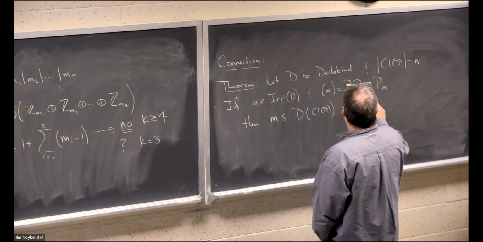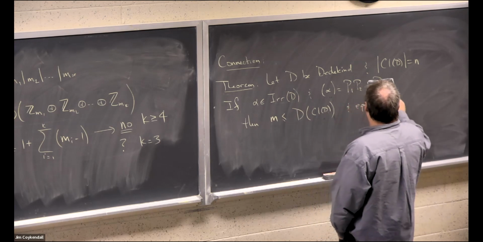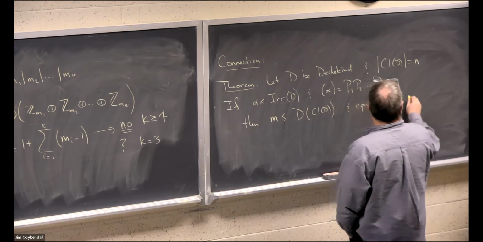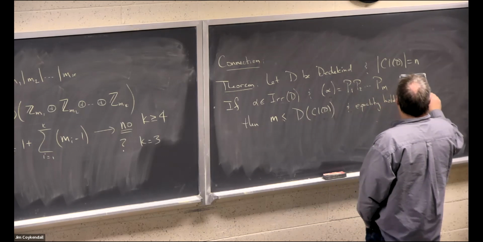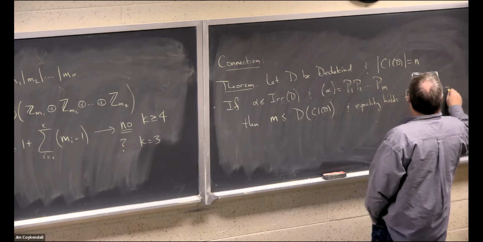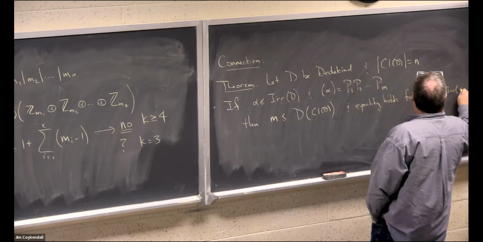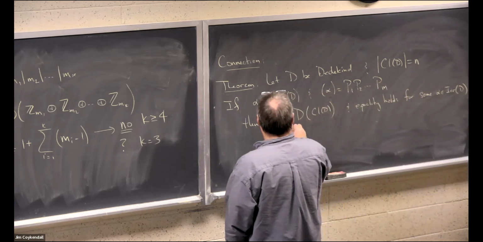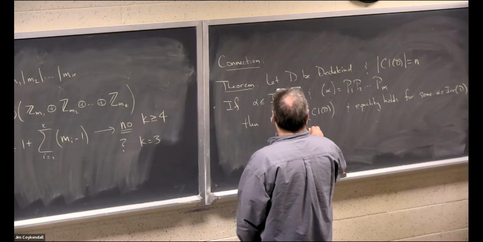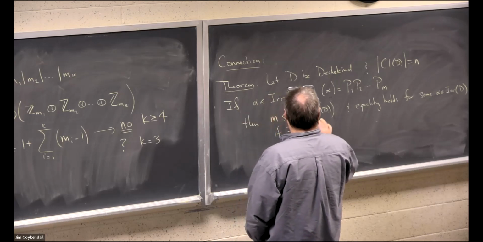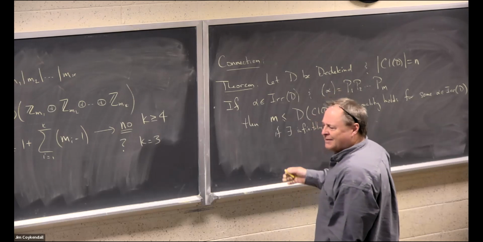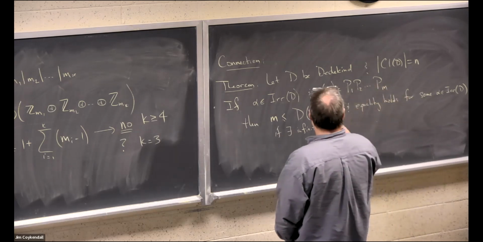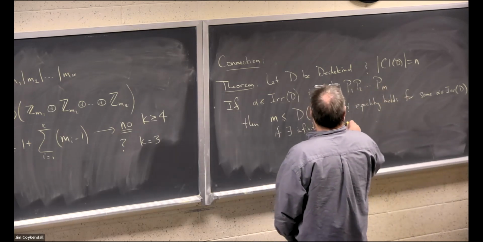And equality holds for some alpha irreducible if there exist infinitely many prime ideals in each class. Actually, you don't quite need this, but it will work with this.